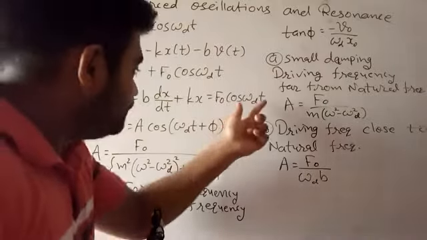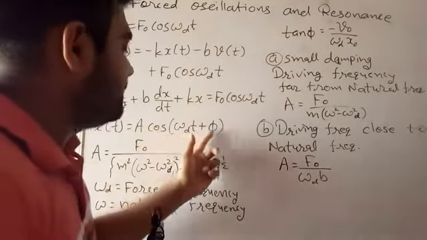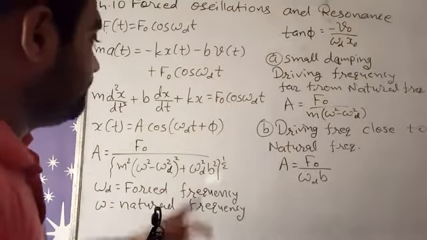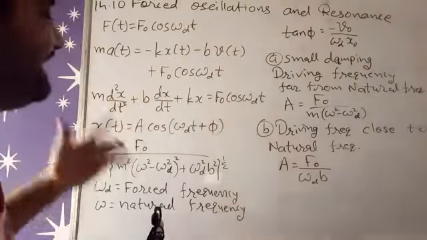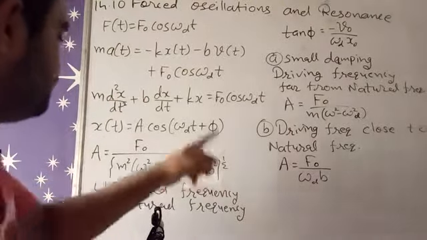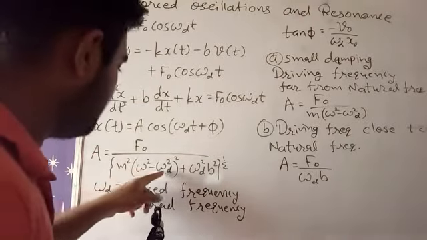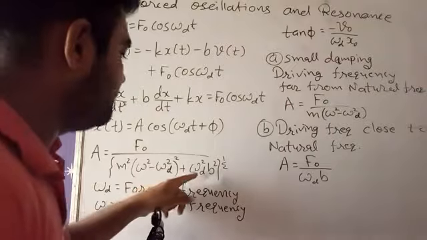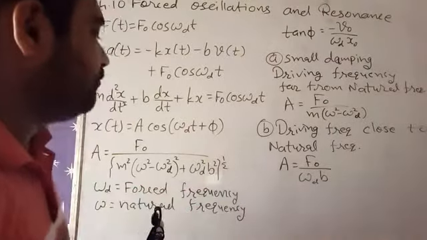Now the solution of this equation is x(t) equal to A cos(ωd t + φ), right? Here φ is the phase difference, called the phase of our displacement. Now the total amplitude is A equal to F0 upon m² (ω² − ωd²)² plus ωd² b², the whole bracket raised to 1/2.